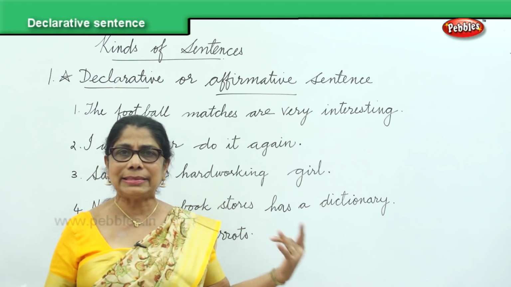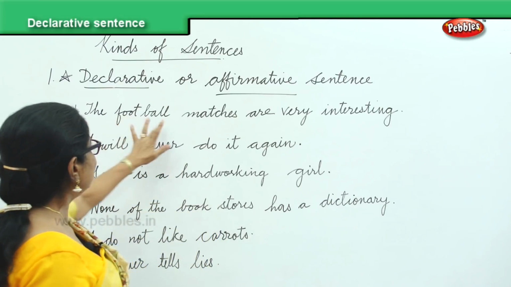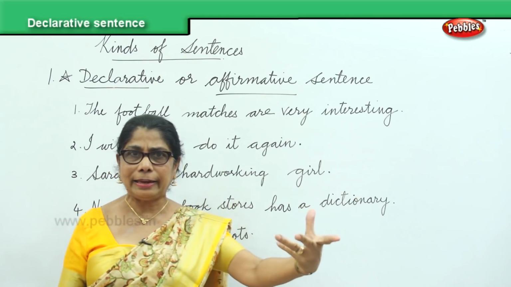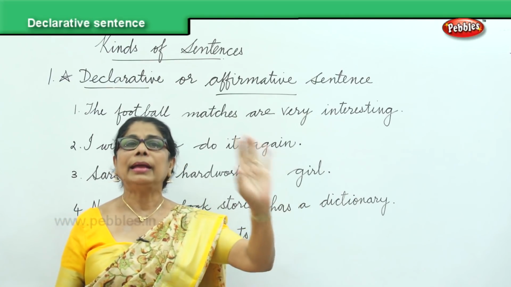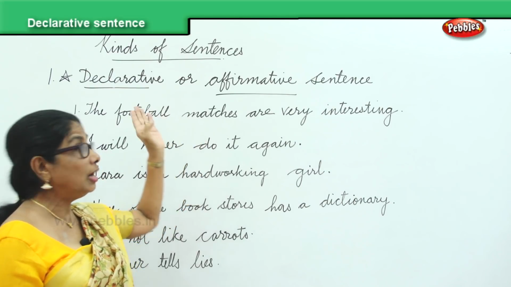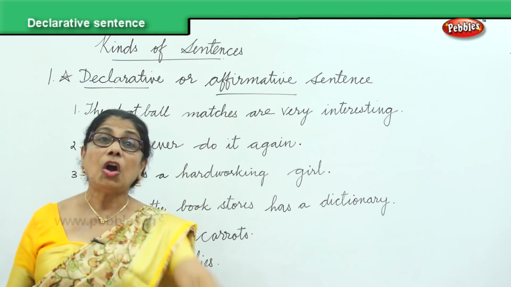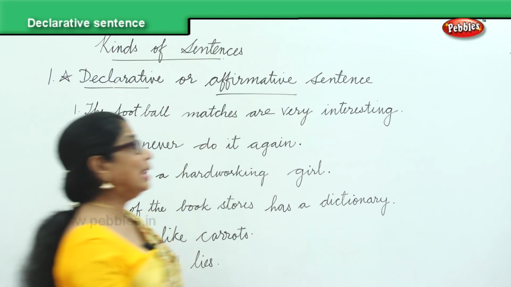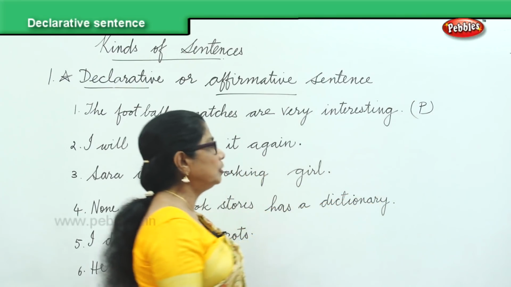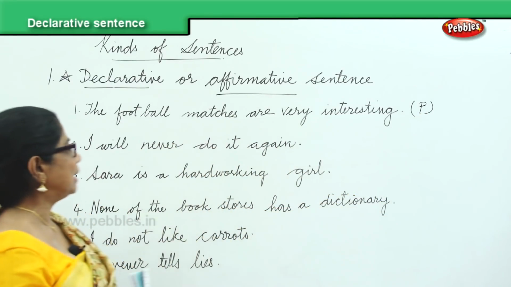Let's check out. Is it a negative sentence or is it a positive sentence? The football matches are very interesting. What are we declaring? What are we affirming? That matches are very interesting. So here you have a positive, declarative or assertive sentence.